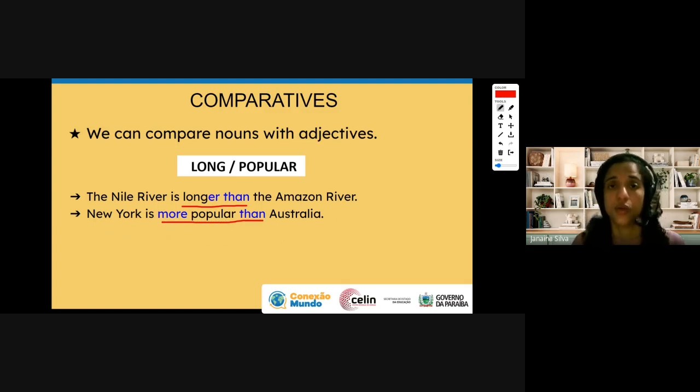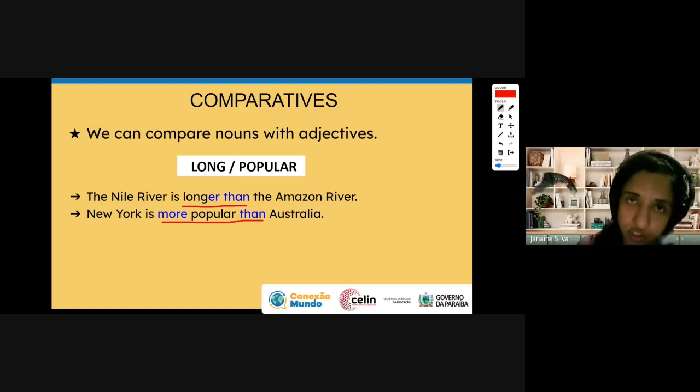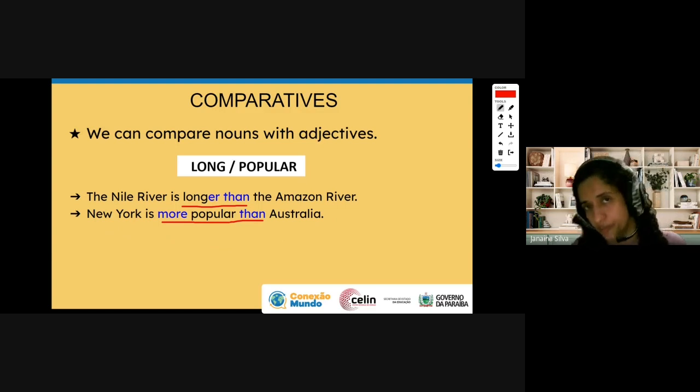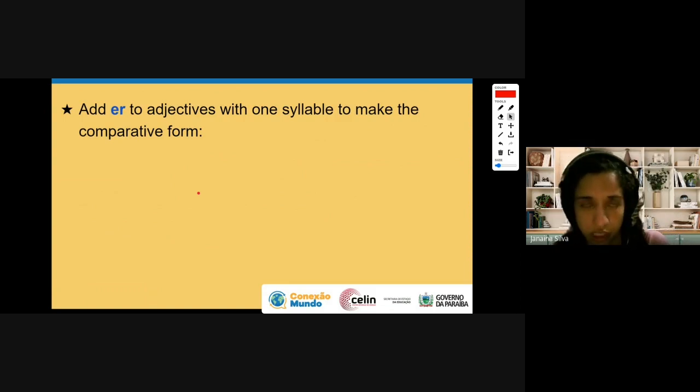As you can see, we have 2 different kinds of structures. Okay? So now let's understand the difference between them. Well, it's important to know, students, that we have 2 different kinds of adjectives: short adjectives and long adjectives, okay?